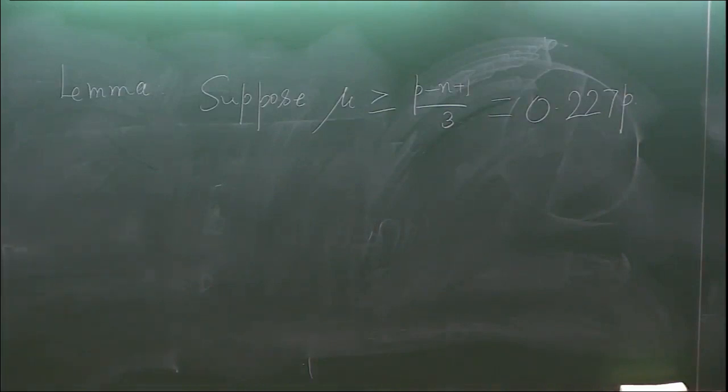Suppose up to 0.227 you say that there is no element of A because mu is the smallest element. Therefore, up to 0.227 you are able to say that there is no element of A.